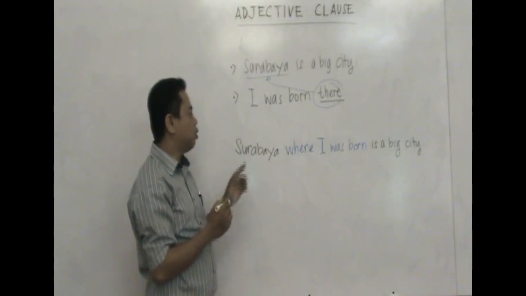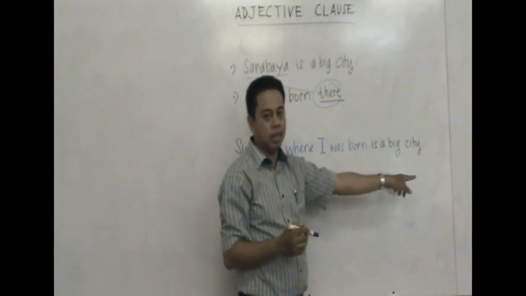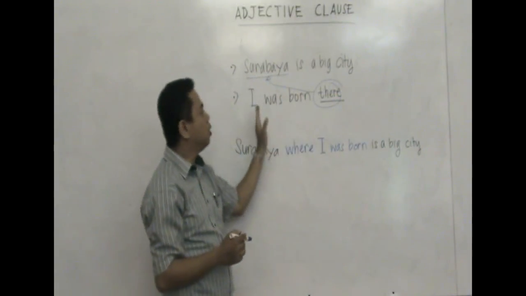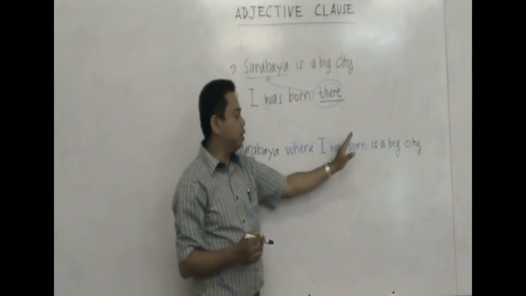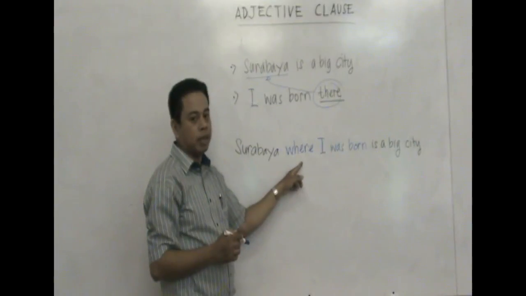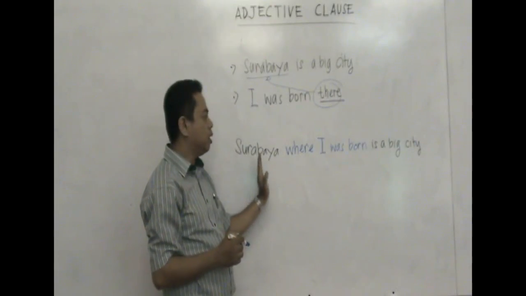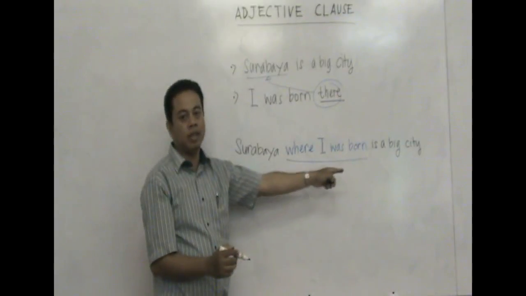So it becomes Surabaya, where I was born, is a big city. So you don't need to write down there or Surabaya because it has been substituted by the word where. So again, it becomes Surabaya, where I was born, is a big city.